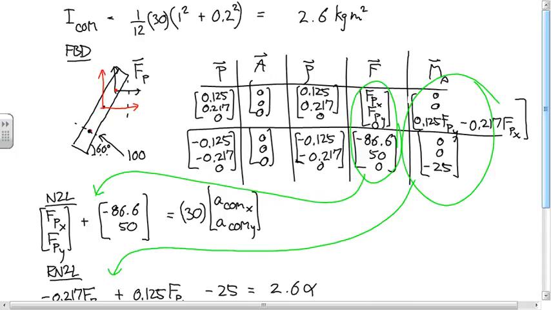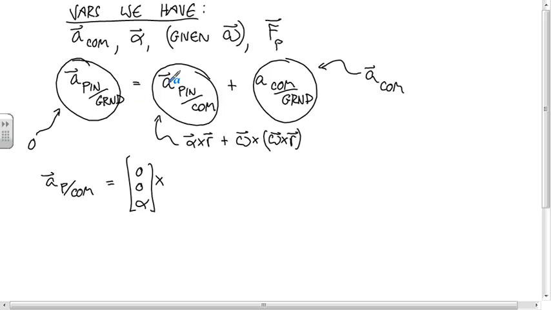Right now, to calculate the acceleration of the pin relative to the center of mass, just for this part, we're assuming that the center of mass is what's fixed, and we're only worrying about the rotations around it. Okay? But the pin is really physically fixed.